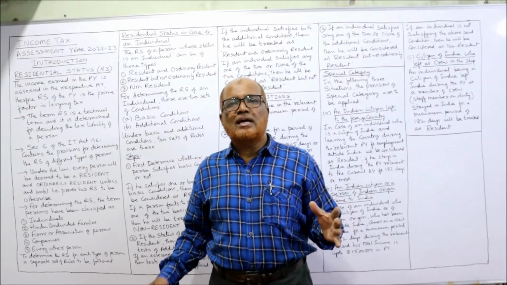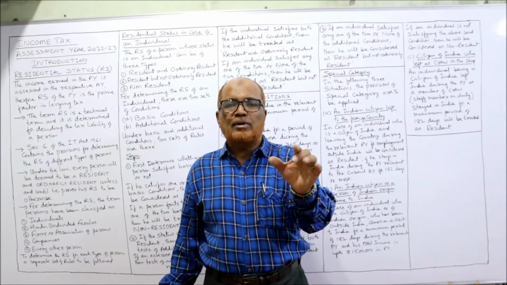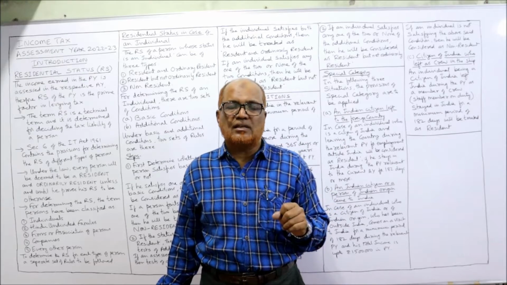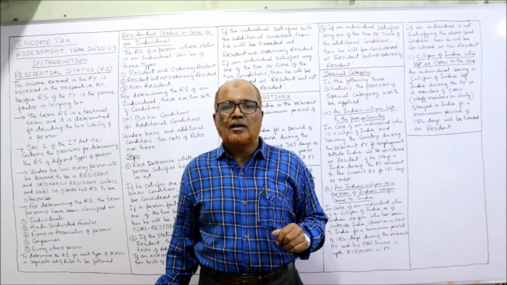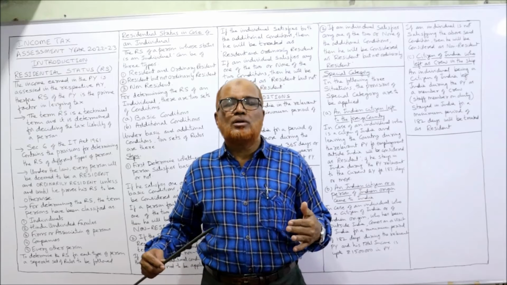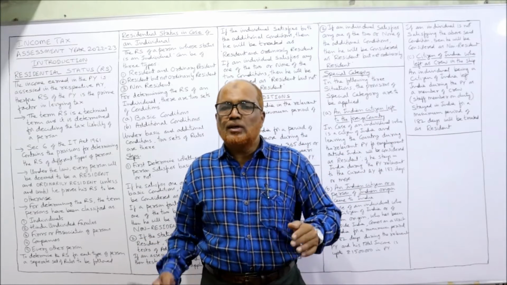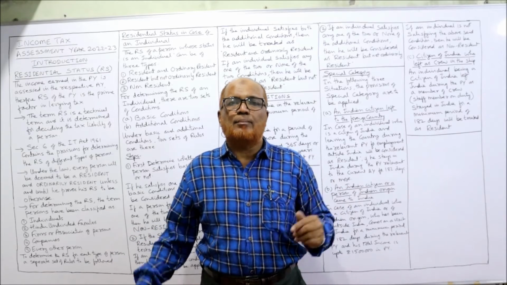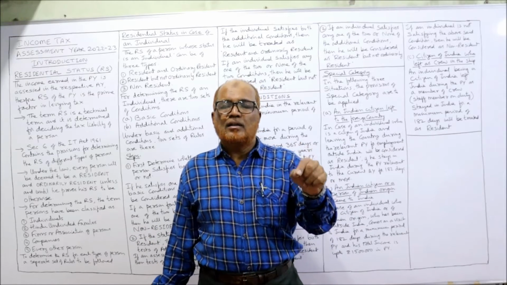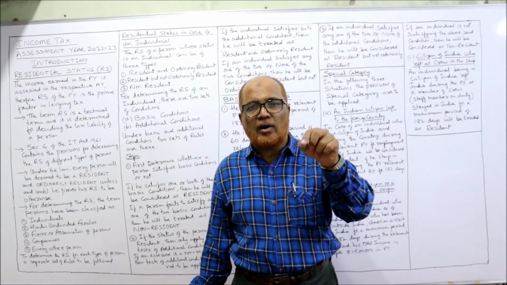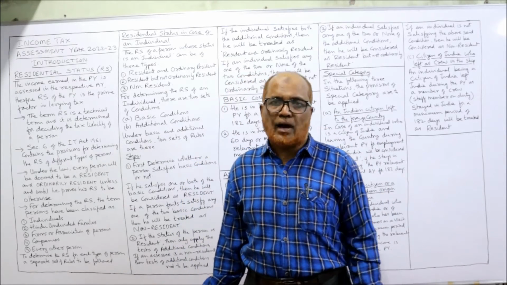In other words, we can say the income tax liability depends on the residential status of the assessee during the previous year. The residential status may change as the person moves from one country to another country. So his status will not remain the same every year. We have to determine the residential status, and accordingly tax liability will be applied.